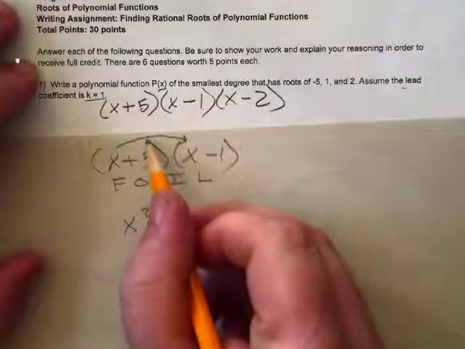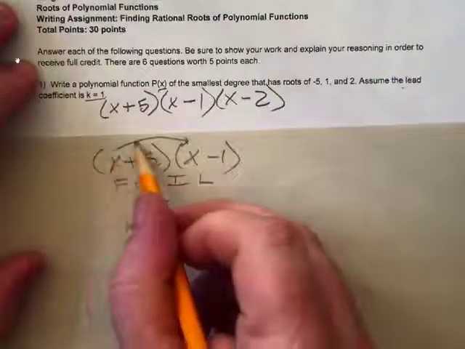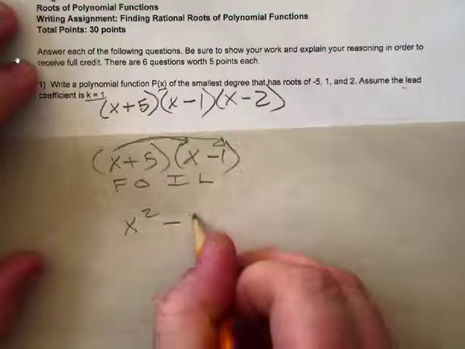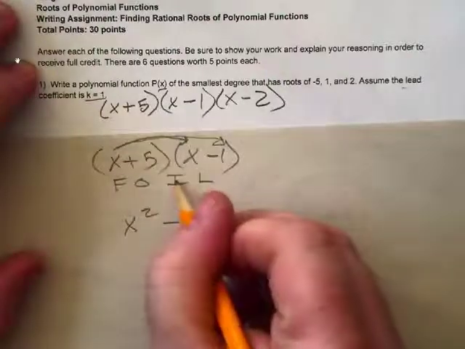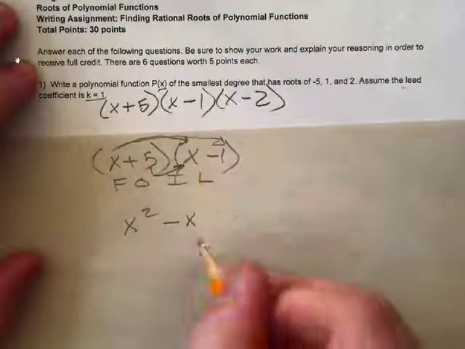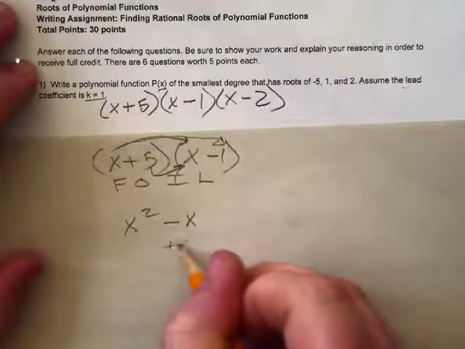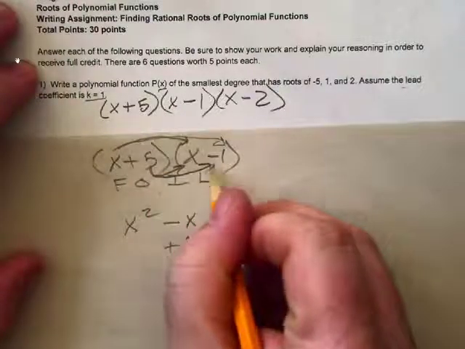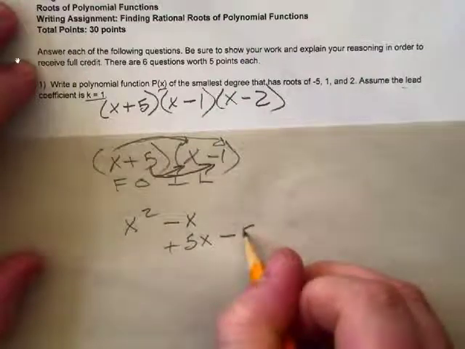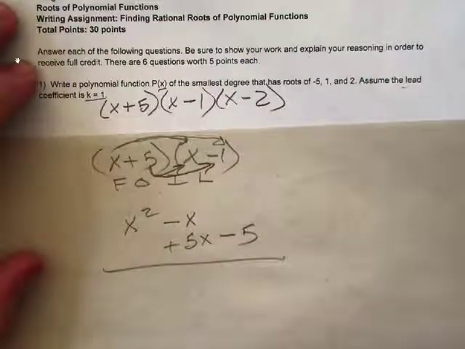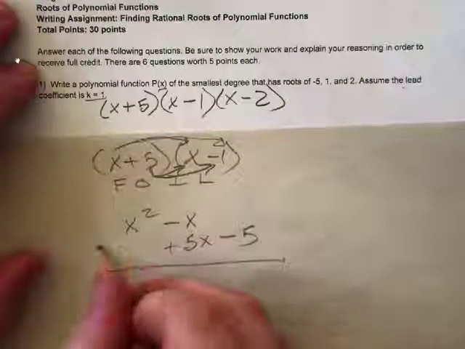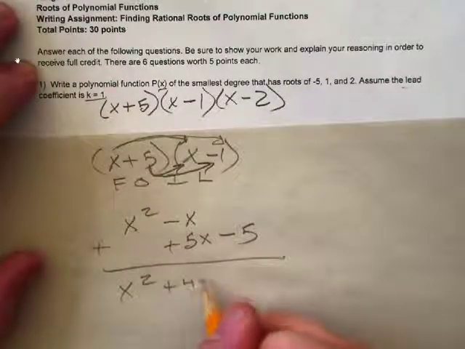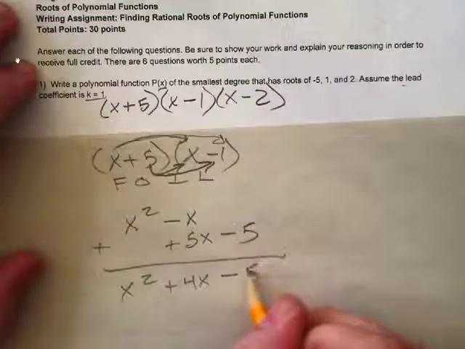Outer times outer, x times negative 1 is negative x. Inner, 5 times x is plus 5x. And 5 times negative 1 is minus 5. When we combine those, we get x squared plus 4x minus 5.